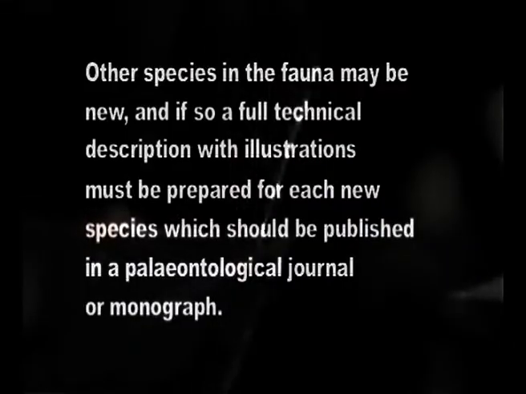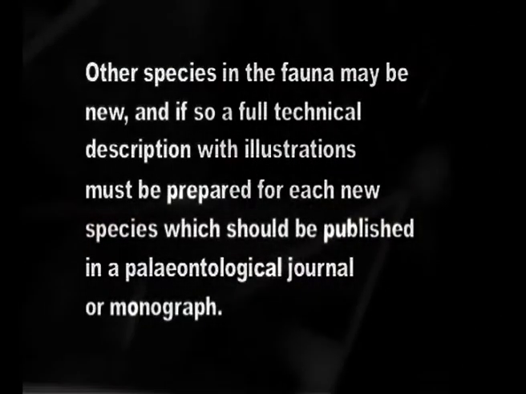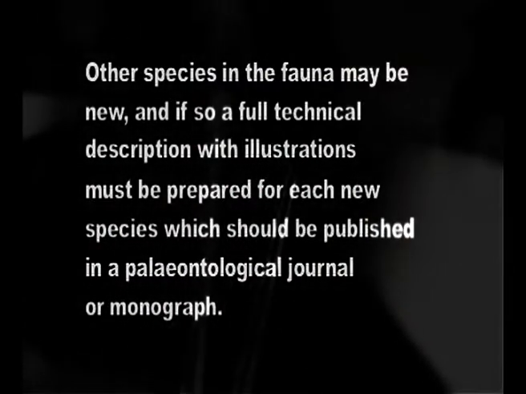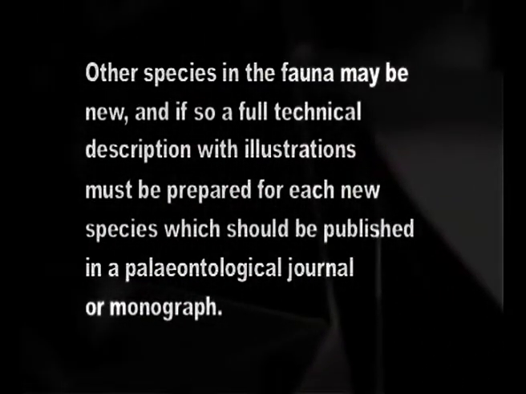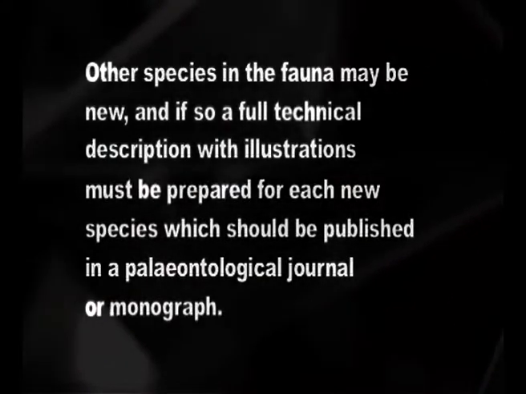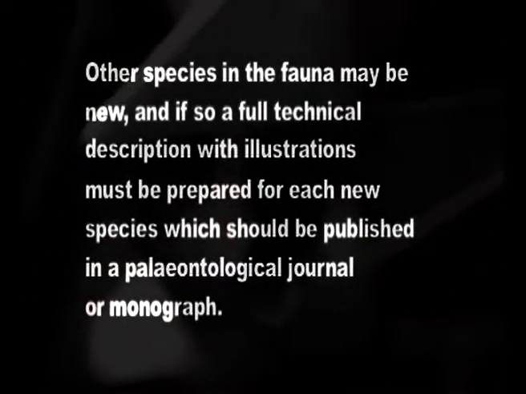Some of these species may prove to be identical with already described species or show only minor variation of a kind that would be expected in a local variant within the same species. Other species in the fauna may be new, and if so, a full technical description with illustration must be prepared for each new species, which should be published in a paleontological journal or monograph.